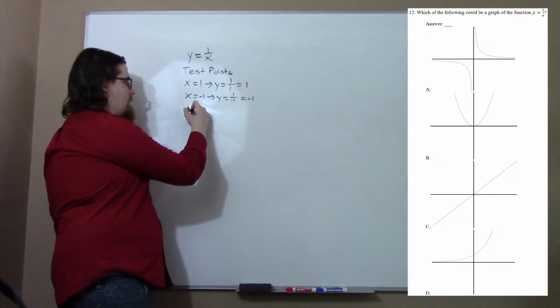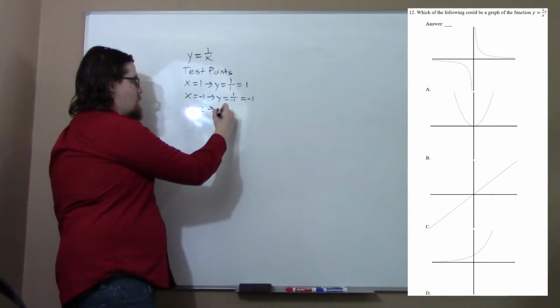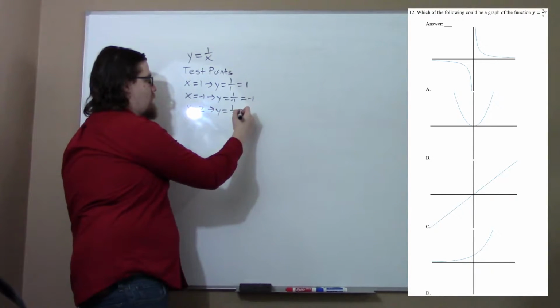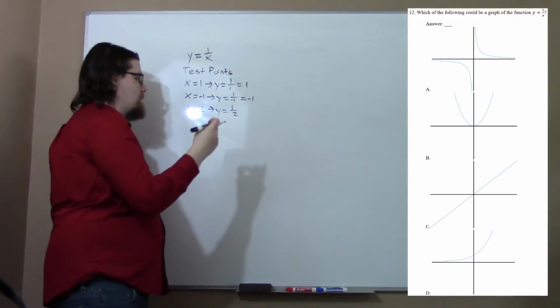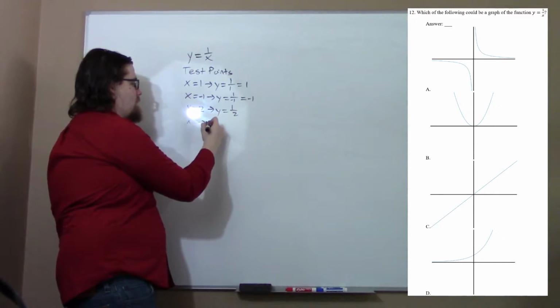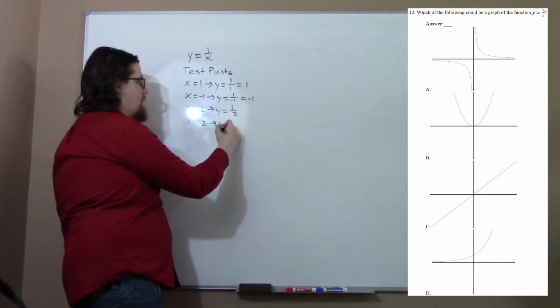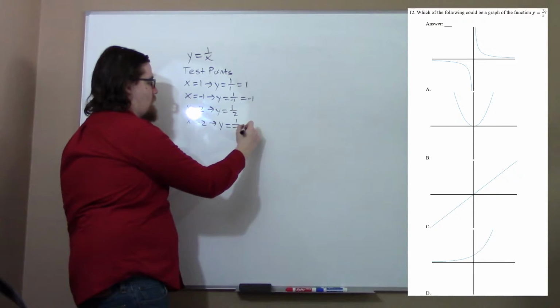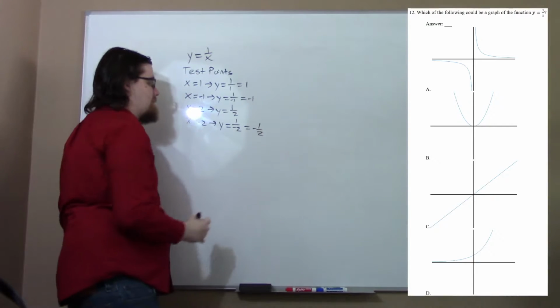Next we'll do x is equal to 2, which gives y is equal to 1 over 2, which we'll just leave as a fraction. Next we have x is equal to negative 2, which gives us y is equal to 1 over negative 2, which is the same as negative 1/2.